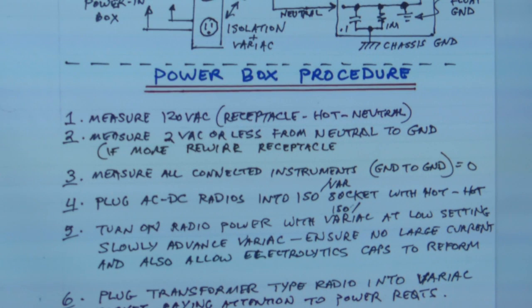If you get more than that, there could be a miswire on the receptacle or somewhere in the power line feeding to it. Why would you even get 2 volts between the neutral and the ground? How could that happen? I squared R. Resistance in the neutral. One circuit's coming through the ground and one's coming through a conductor.